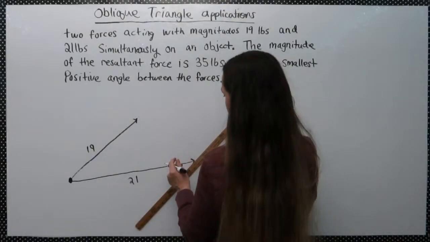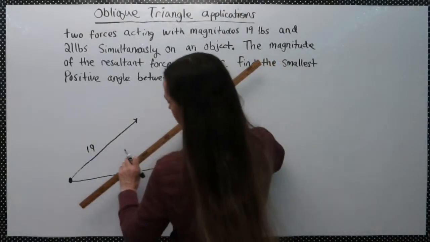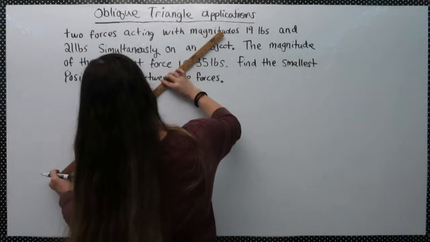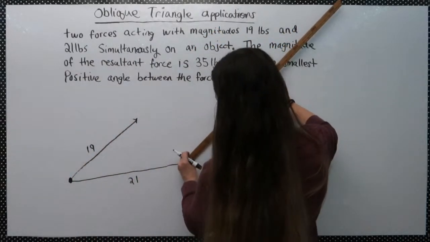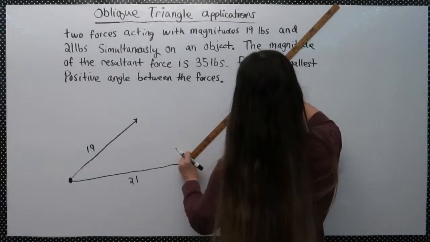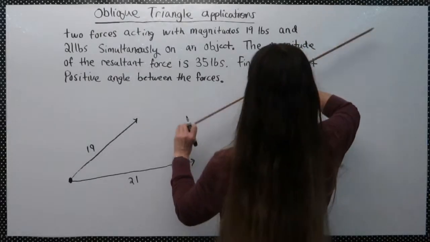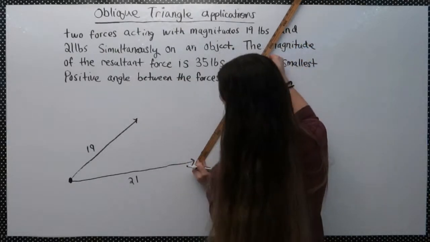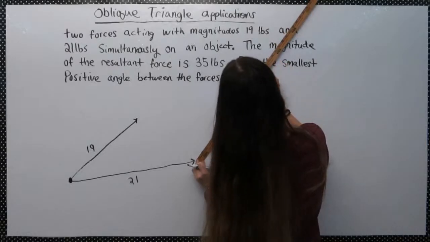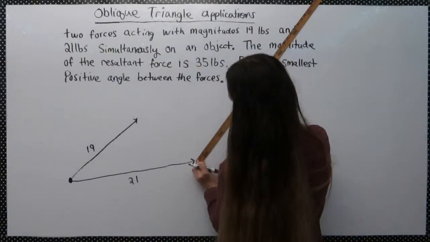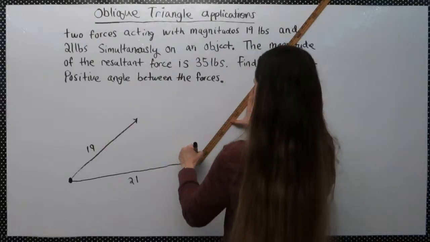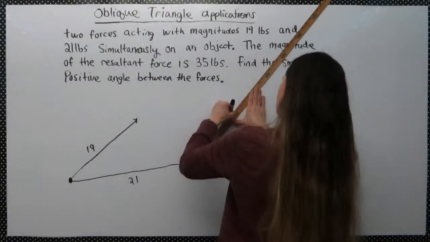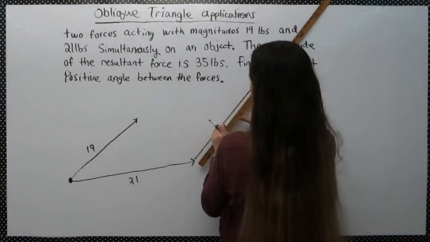And I want it to be about the same length. So let me measure real quick. It looks like it's about 20 inches. So we're just going to draw 20. Here we go. I'm going to get close.